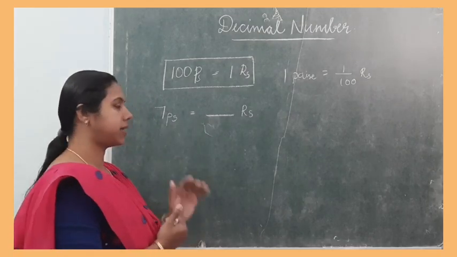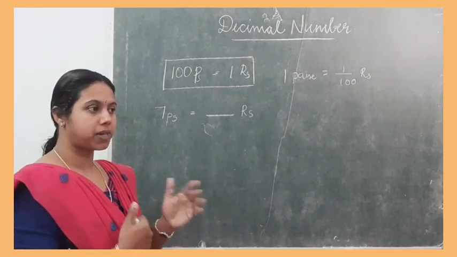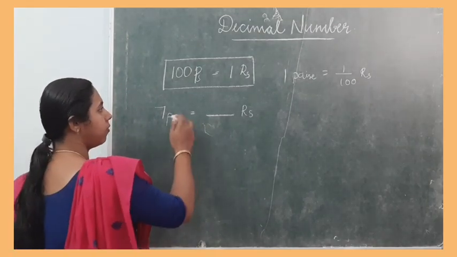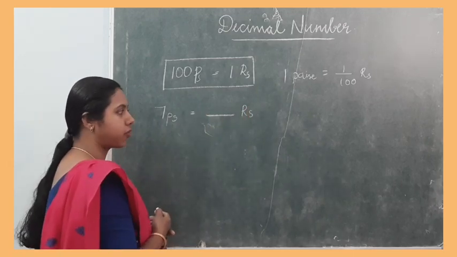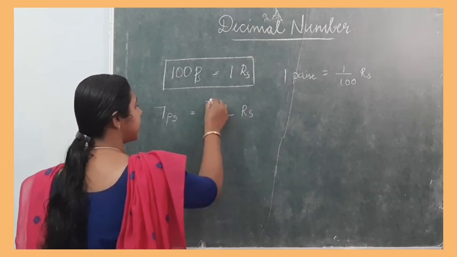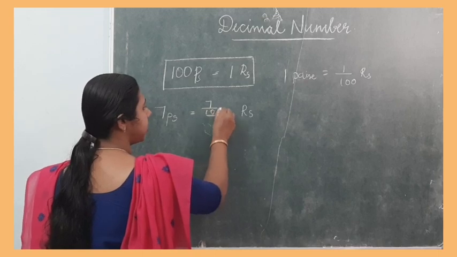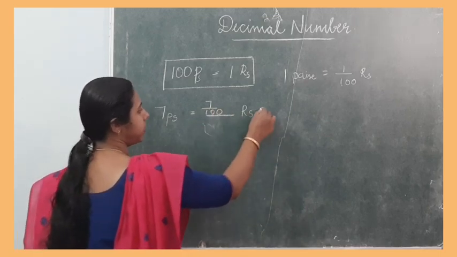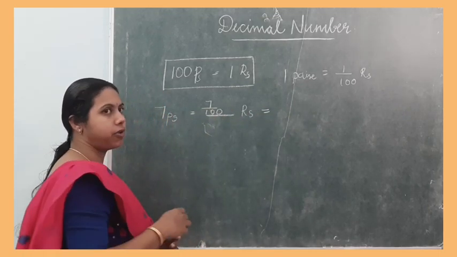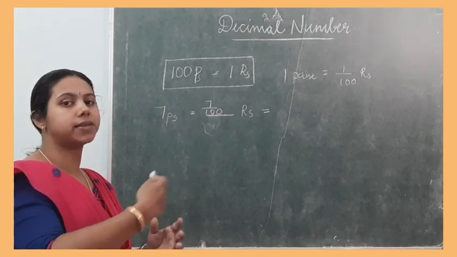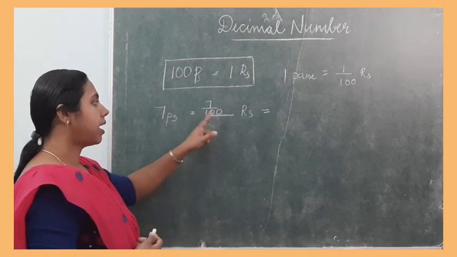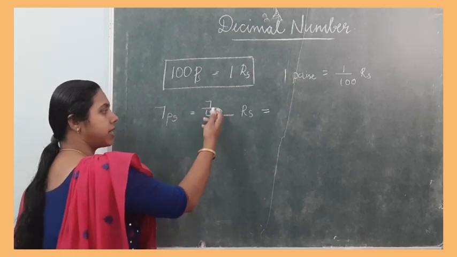Then what is 7 paisa? 1 paisa is equal to 1 by 100 rupees, so 7 paisa is equal to 7 by 100 rupees. 7 by 100 is in fraction form, and you know how to convert a fraction into decimals. How many zeros are in the denominator?